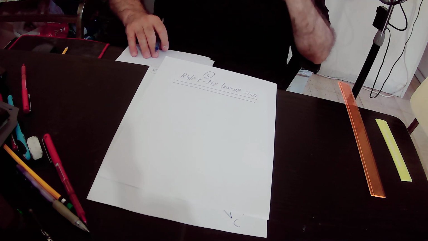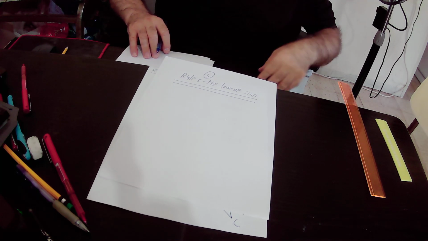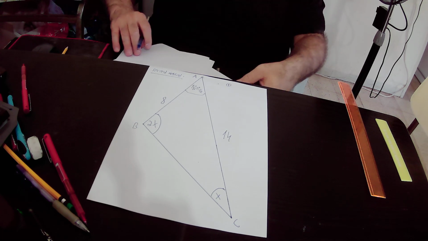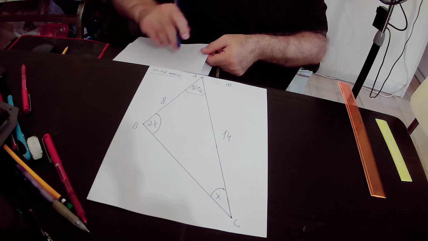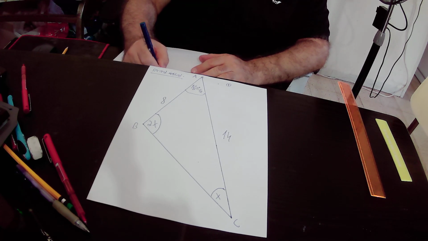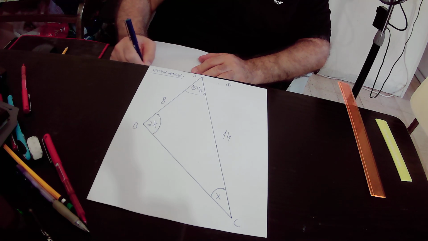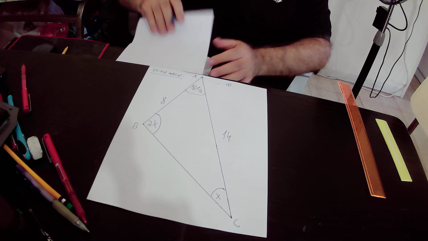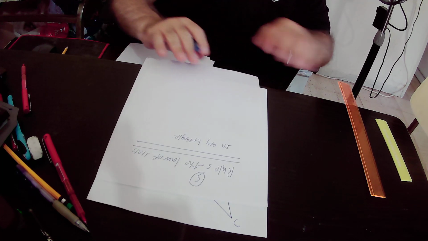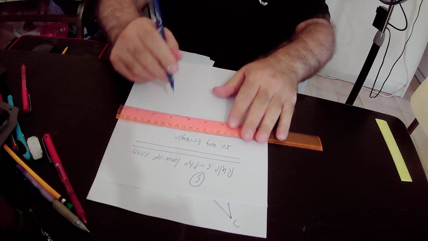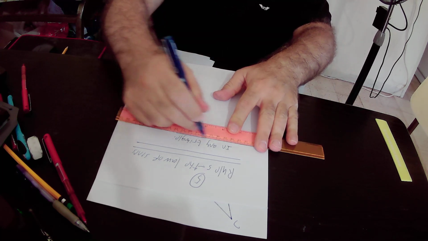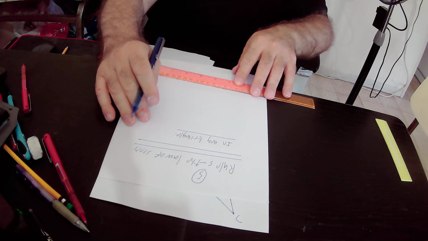The law of sines is valid for any triangle. So first of all, I will write that in any triangle, if we have triangle ABC, that can be any triangle, not necessarily our triangle, but any other triangle.